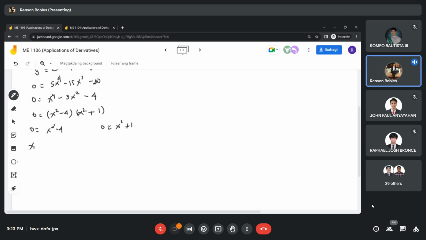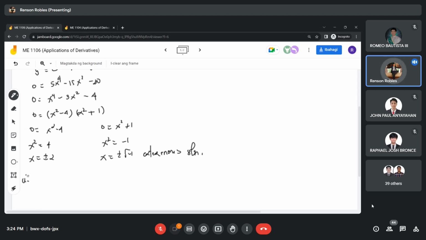So you have x squared equals 4, and therefore x equals plus or minus 2. Then x squared equals negative 1, so therefore x equals plus or minus square root of negative 1. This is an extraneous solution, so you will not include that in the computation. Okay? Because it indicates an imaginary number. All right? So we only consider these.